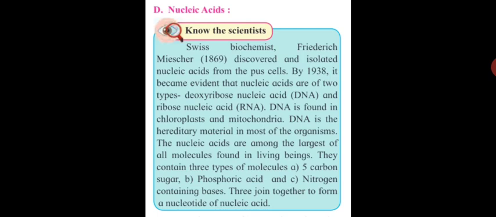A Swiss botanist and biochemist, Friedrich Miescher, in 1869 discovered and isolated nucleic acid from pus cells. This scientist discovered nucleic acid from pus cells. Those pus cells are found in the pus of wounds.